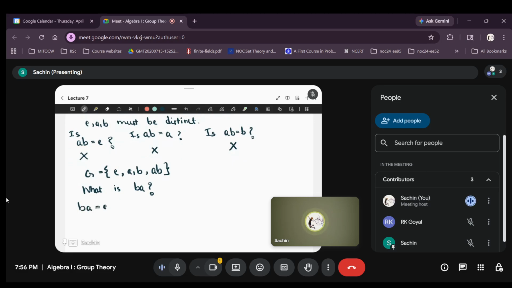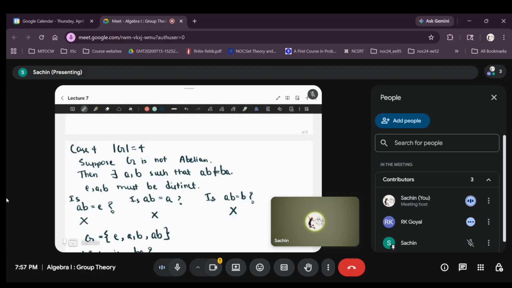If BA is equal to E, what is the problem? Then AB will be equal to E, which implies AB is equal to BA. But that's not possible because we assumed AB is not equal to BA.